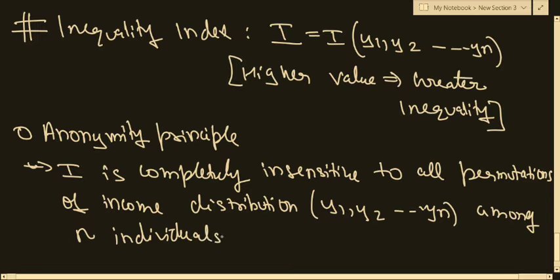Basically these things you have got to write when explaining the principles. N individuals, 1, 2 until n. Okay.